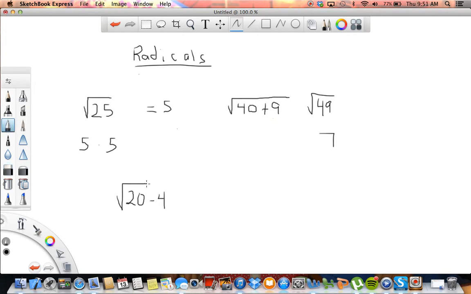But the radical sign in this case extends all the way out past the 4. So since both of these numbers are underneath the radical sign, you can go ahead and simplify this. So 20 minus 4 gives me the square root of 16. Square root of 16 is 4. And again, so far these are easy because we're working with perfect squares, and we'll get to what to do with other types of problems in just a little bit.